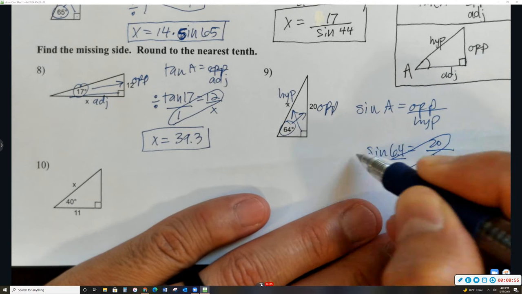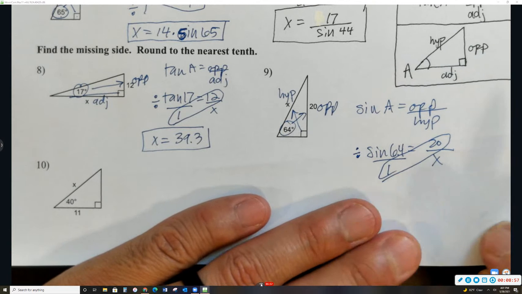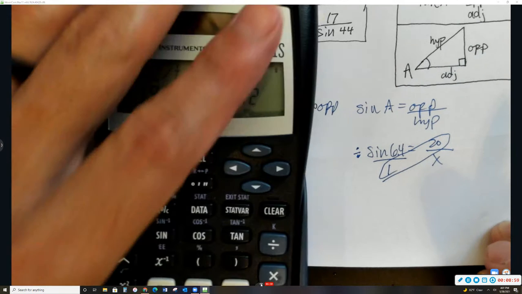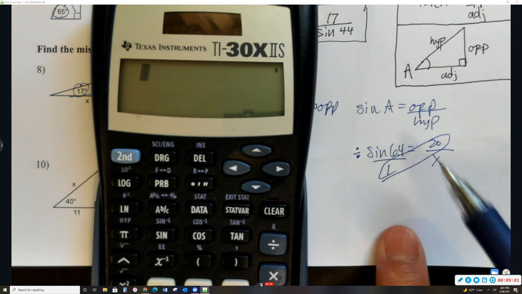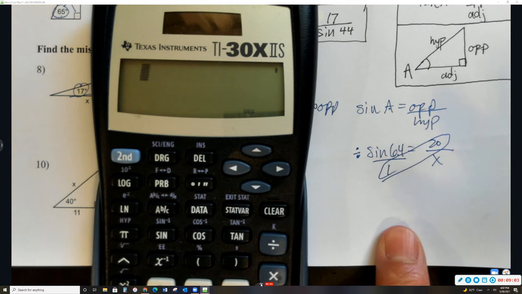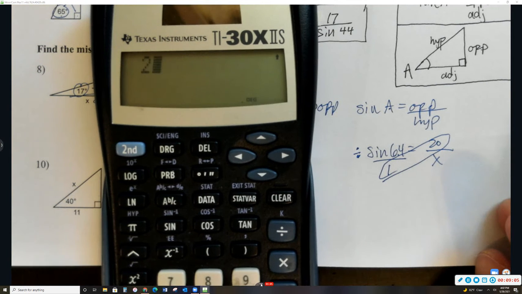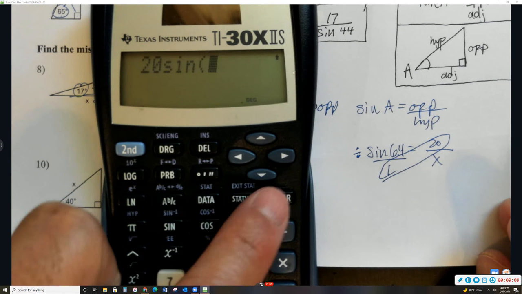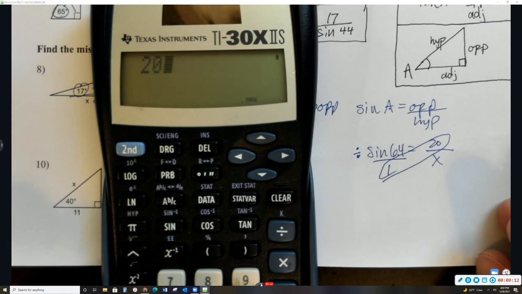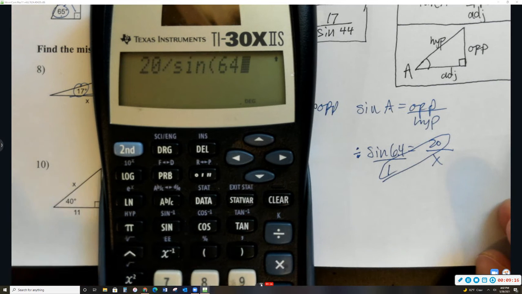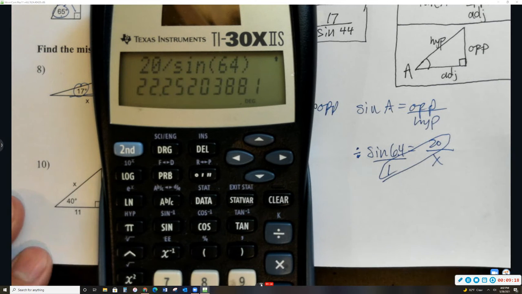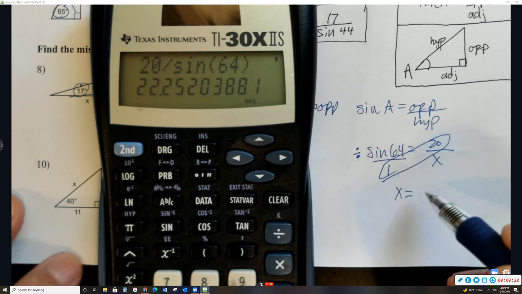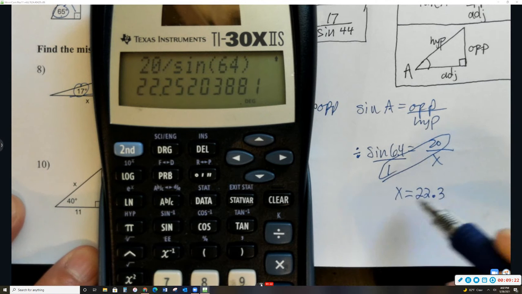Cross multiply. Divide. Again, 1 times 20 is just 20. So then you have 20 divided by, again, make sure you put divided by, 20 divided by sine of 64. And that is 22.3.